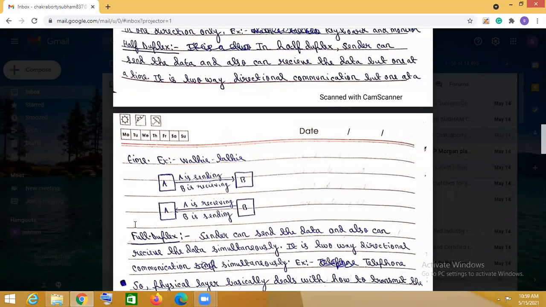Okay, so both sender and receiver have this physical layer present in their layered framework. In this physical layer, it basically deals with how to transmit the data. This is the last, bottom part of the layered framework, the physical layer.